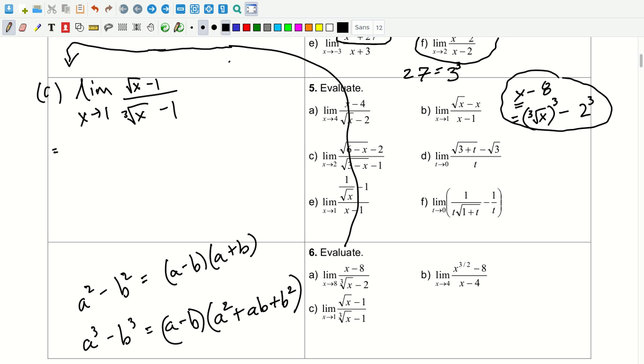Why don't I try rewriting the top? I can do root x, and then do cubed 1 over 3.